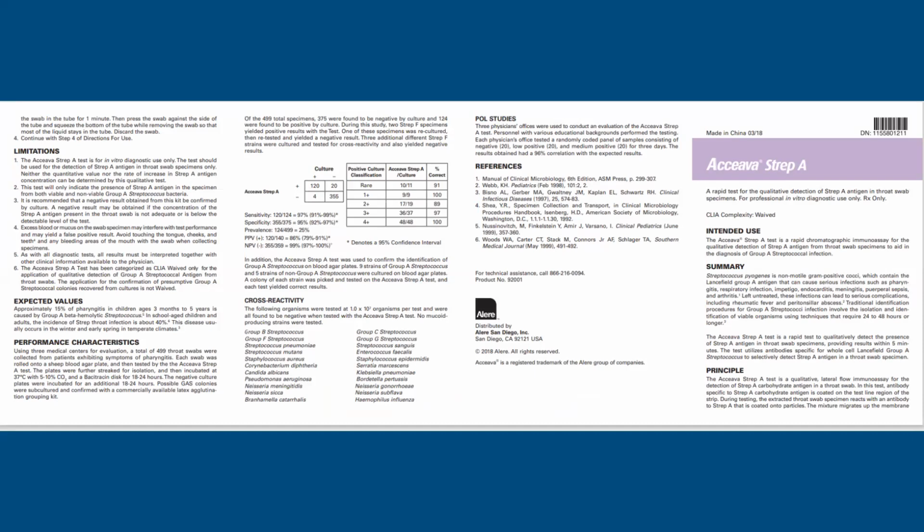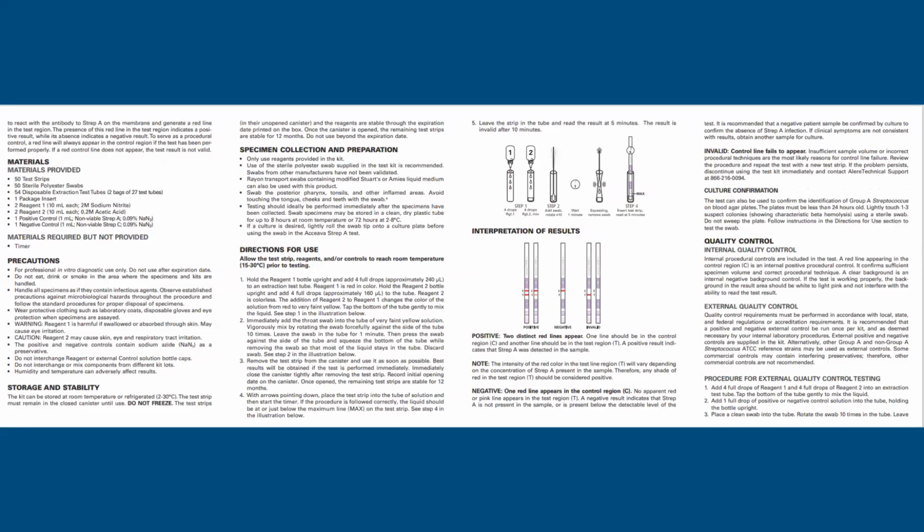Here it's going to list the limitations, expected values, and then specificity, sensitivity, those performance characteristics would all be included on the package insert. It's also going to include directions for use, how to prepare the specimen, and then the quality control.